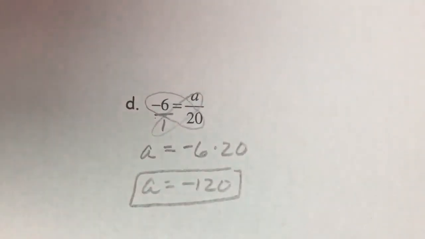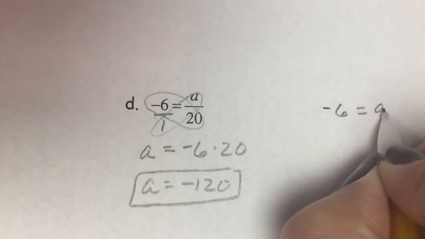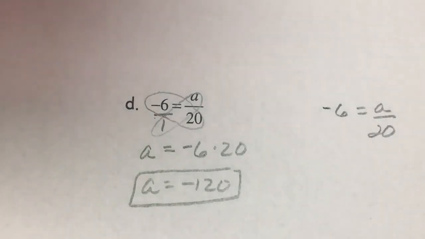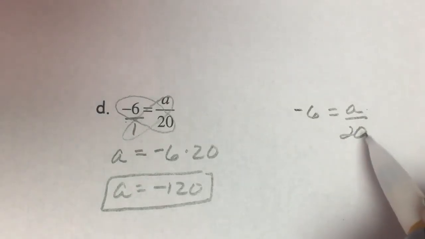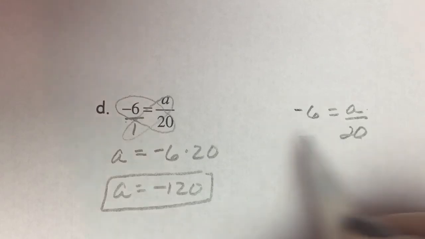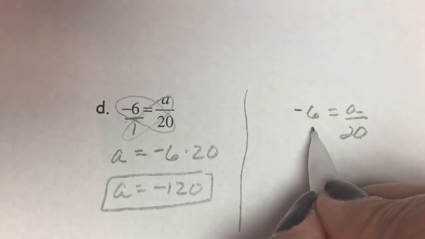Now, just so you know, I'm going to do that exact problem again using the other method. What's happening to the A? It's being divided by 20. So how do I undo dividing by 20? I'm going to multiply both sides of my equal sign by 20.